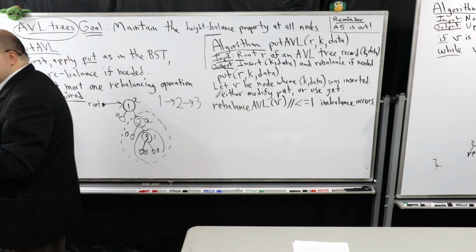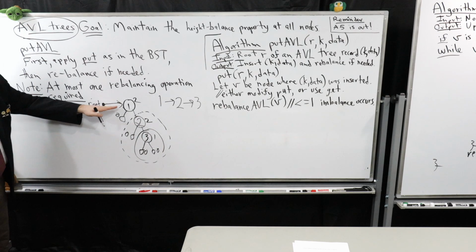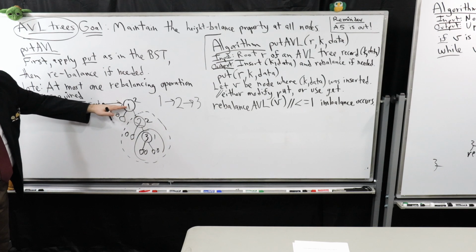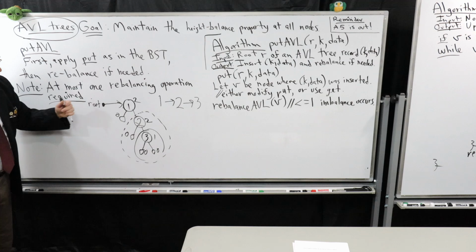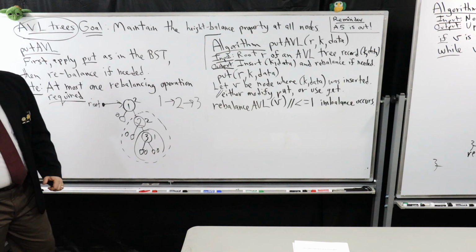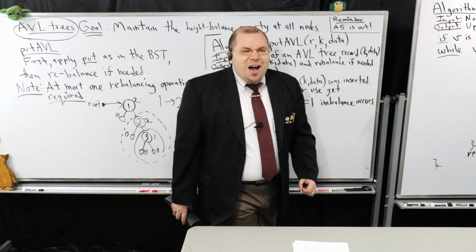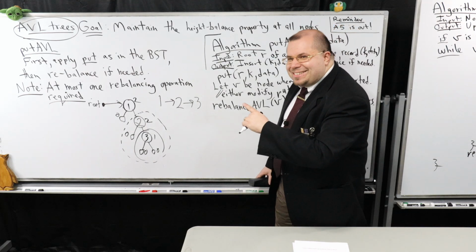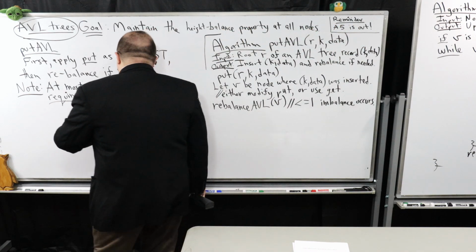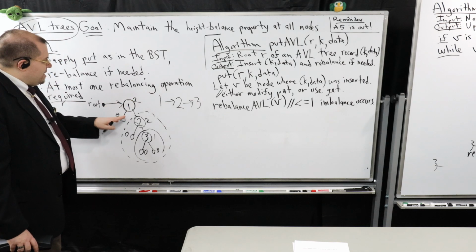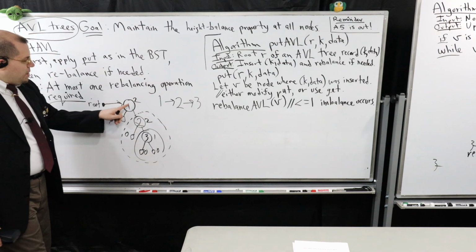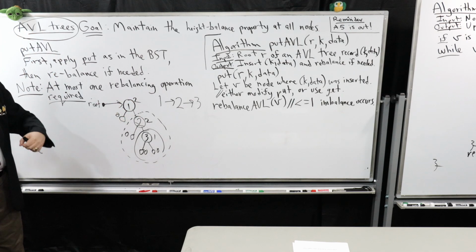Is the subtree rooted at the node with key 1, as in the entire tree, an AVL tree? No, right? This is why we're going to use these rebalancing operations, because you notice that we're violating the height balance property right here. So that means we have to fix this.